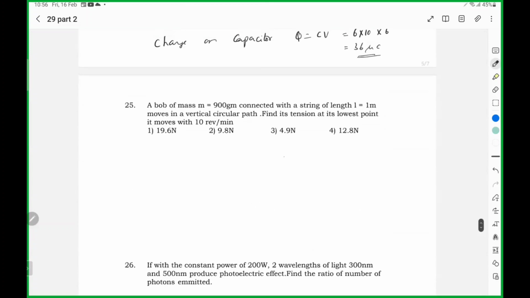Here a bob of mass 900 grams is connected to a string of length 1 meter, moves in a vertical circular path. Find the tension at the lowest point.